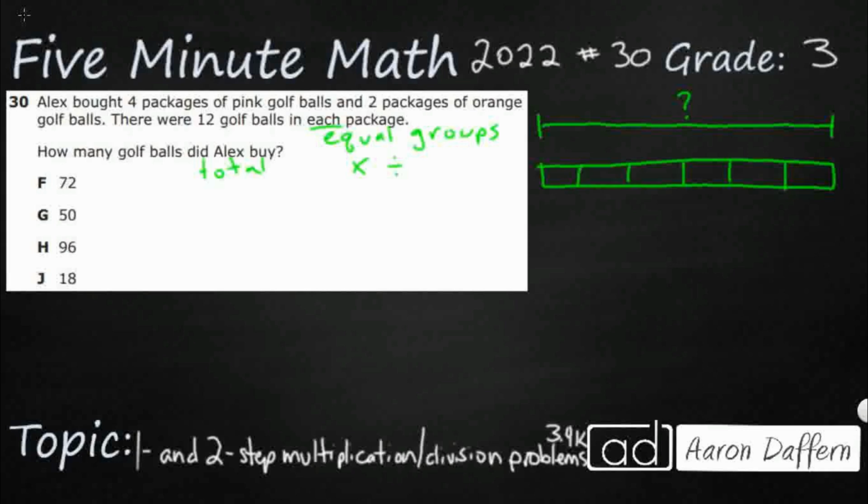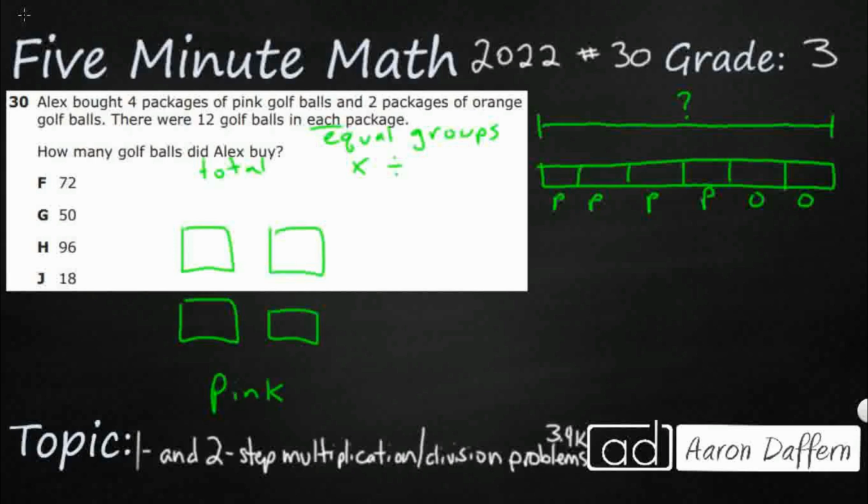And now the reason I'm doing 6 is because I've got pink, pink, pink, pink, orange, orange. Now some of you might have just drawn 6 boxes, and that would have been perfectly fine, right? So these are your pink, and then these right here are going to be your orange.